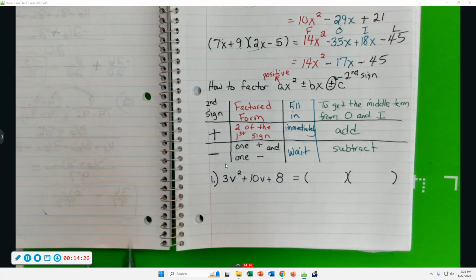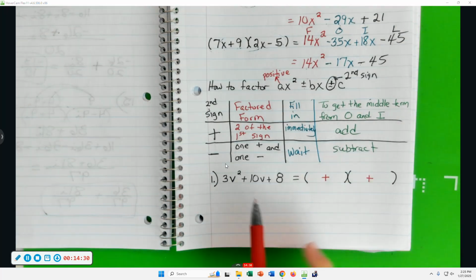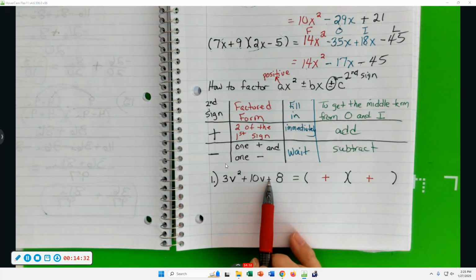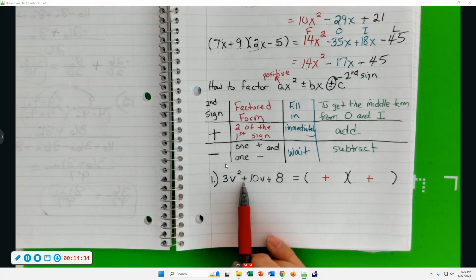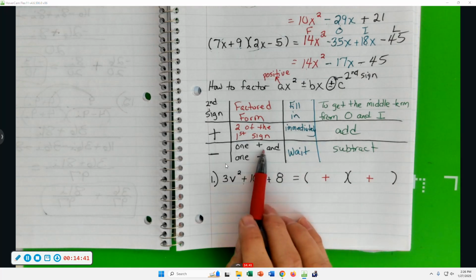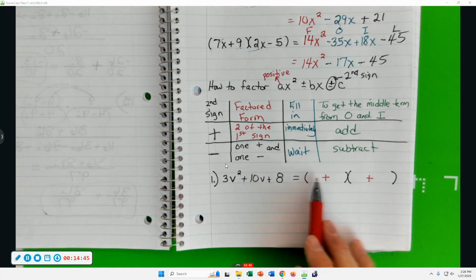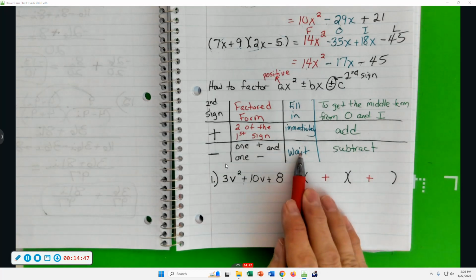That means I need to put plus here and there. Since I know they're both plus, I can just go ahead and fill them in. It's when you have 1 plus and 1 minus that you don't know where it goes. Does the plus go in the first one or the second one? That's why I say wait to fill them in.